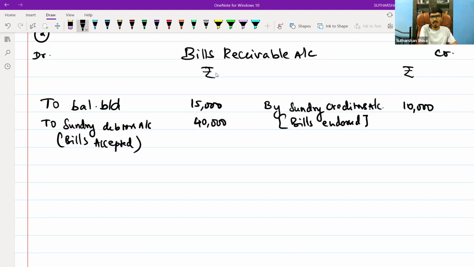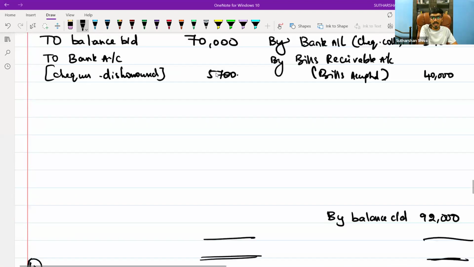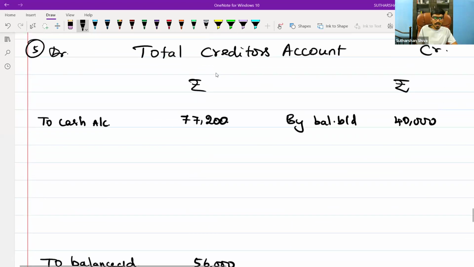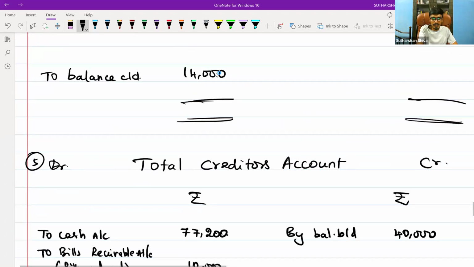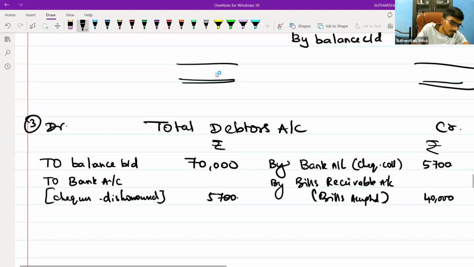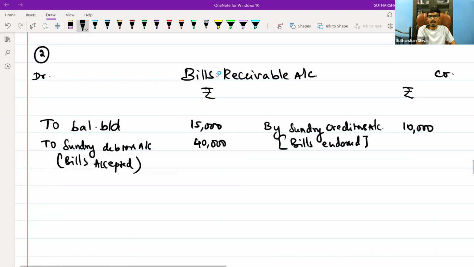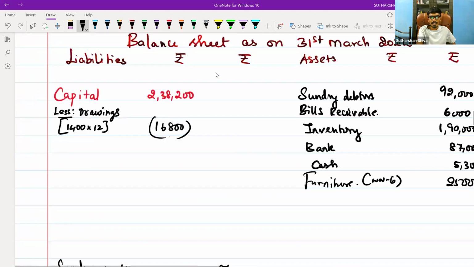Then in the same way, I will switch over to my creditors account, and I will write down on my debit side bills receivable account. In brackets, bills endorsed. Amount is 10,000. Then that adjustment is done.